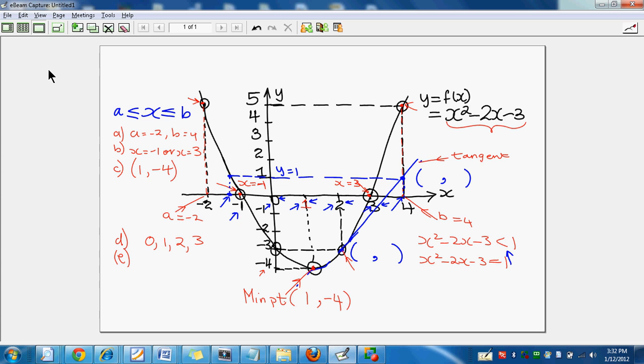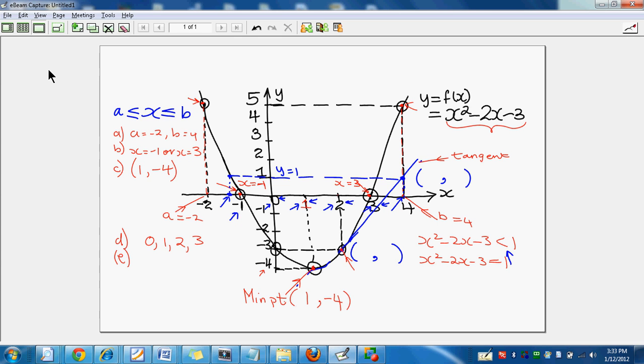The answer for E now. The gradient. They want us to determine the gradient of f of x equal to x squared minus 2x minus 3 at x equal to 2. So it means they want us to find the gradient at this point here. Right?